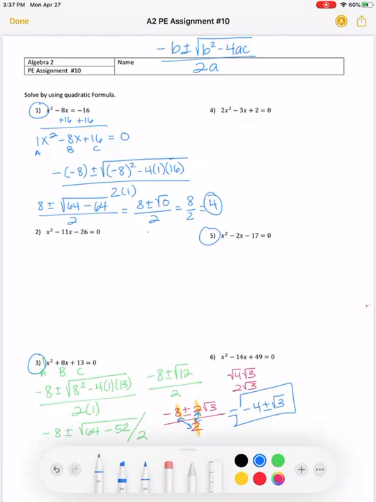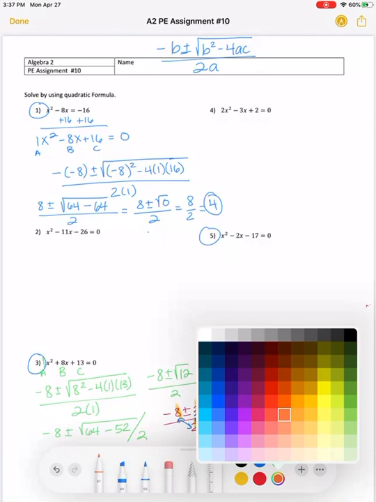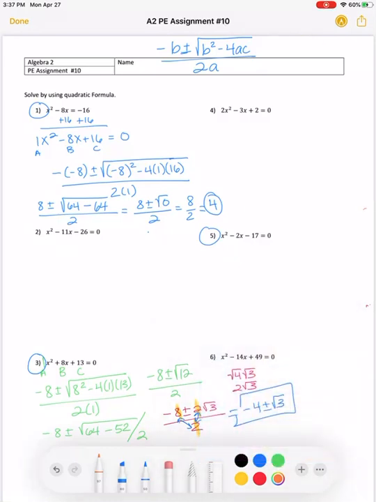All right, let's look at number 5. Any particular color requests? Just kidding, because I can't hear you. Okay, so we have A, we have B, and we have C. Those look like some ugly numbers when you put them together. So we have negative 2 plus or minus the square root of negative 2 squared minus 4 times 1 times negative 17 all over 2 times 1.